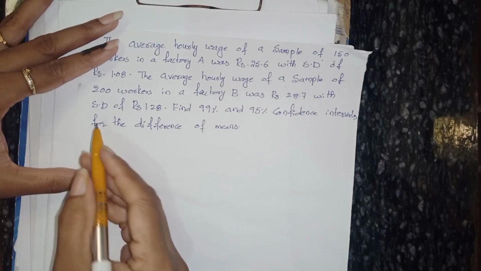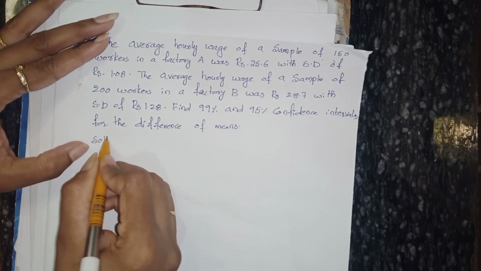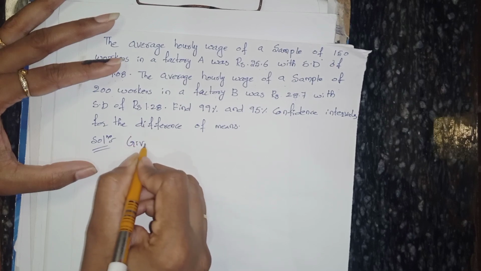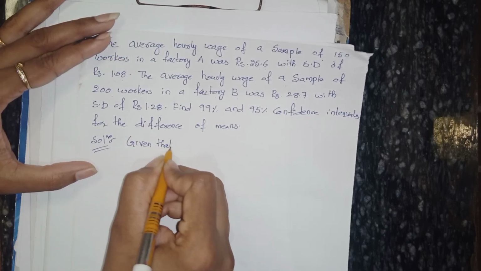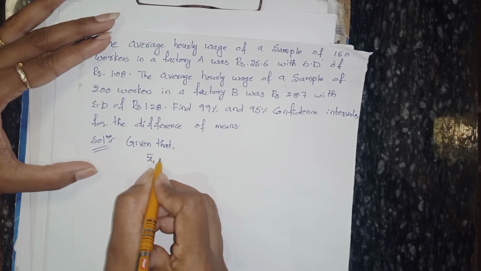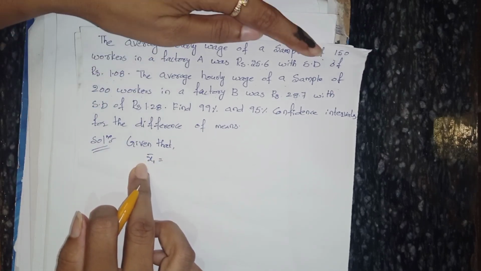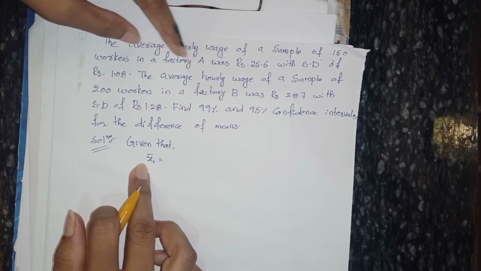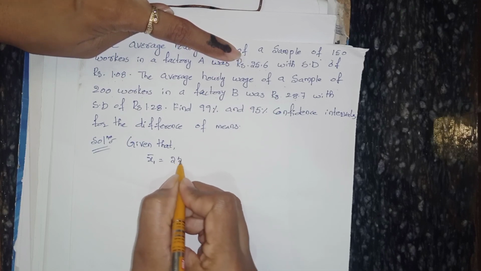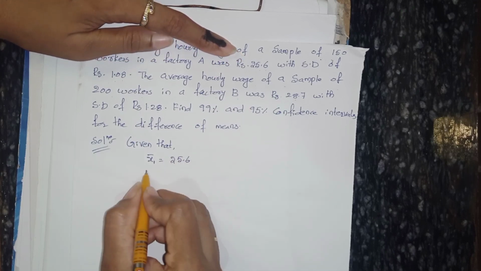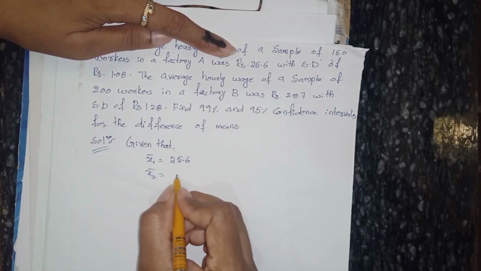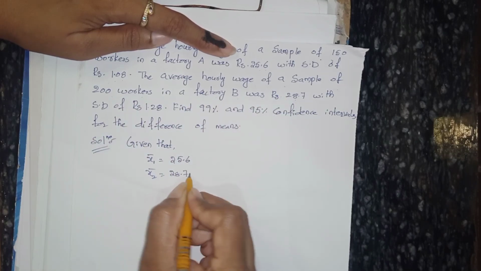First we'll write the values they have given. Here we have two samples, so the first sample we denote with x1 bar. The A factory mean, x1 bar, is 25.6. Similarly x2 bar equals 28.7.